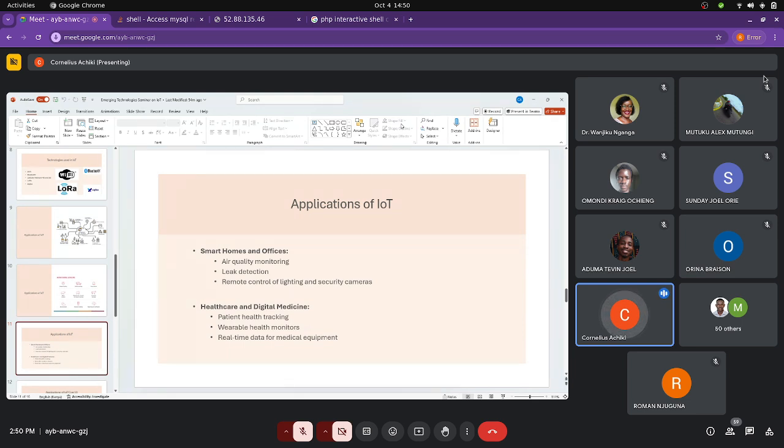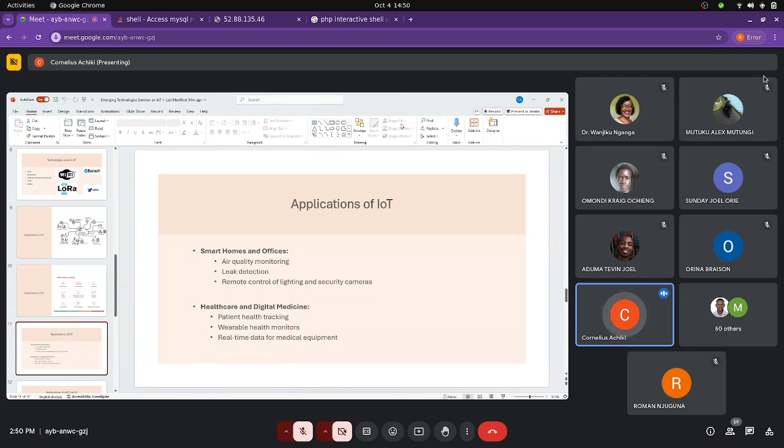So what you can potentially monitor in your home, you can check the air quality in your house. If you have developed, if you have built anything or you're renting something and probably the air circulation is not good, you have sensors that are able to tell you that you need to do something.